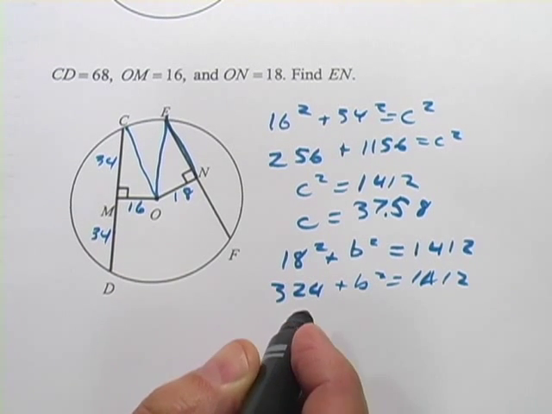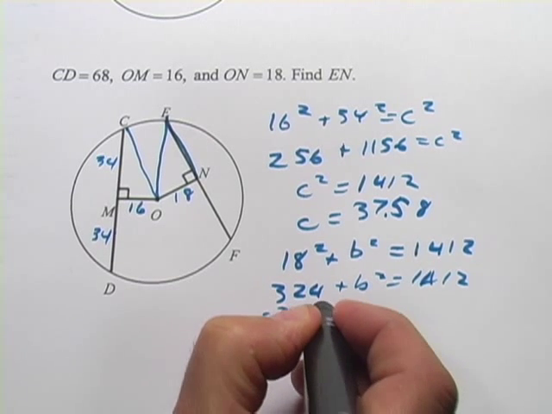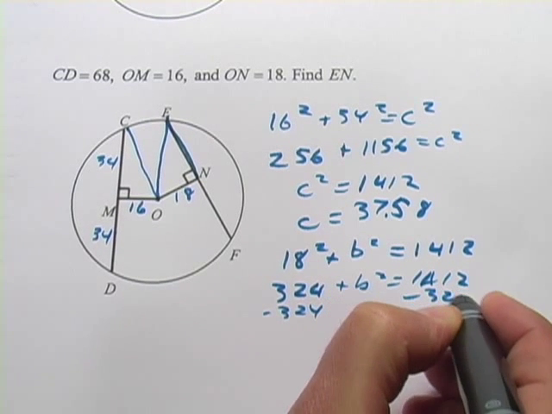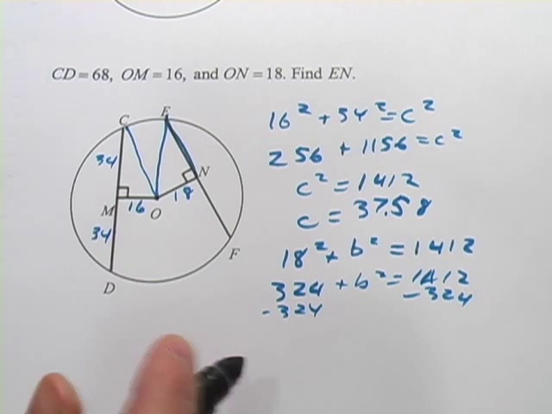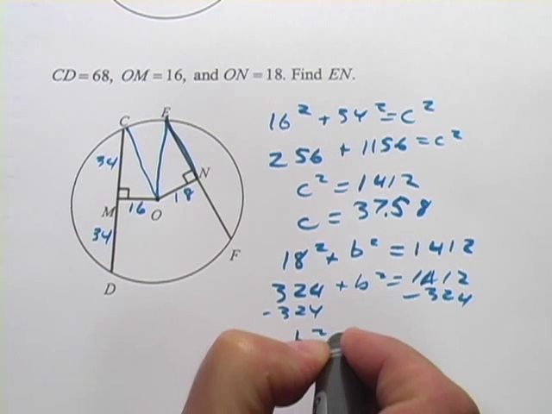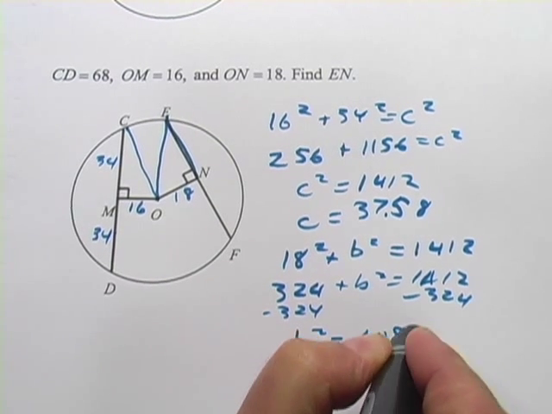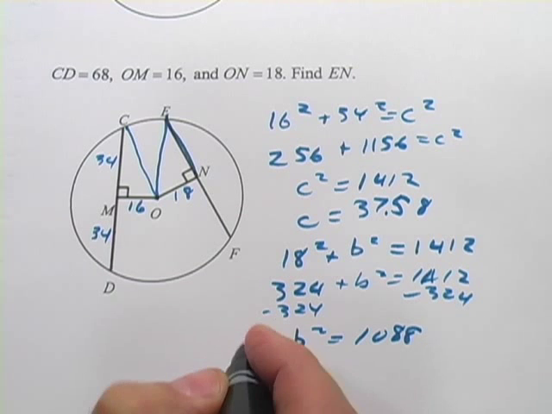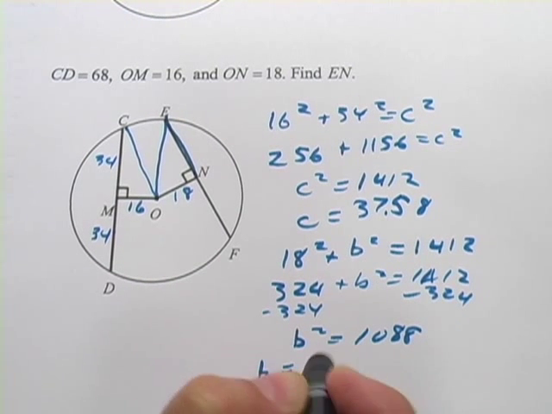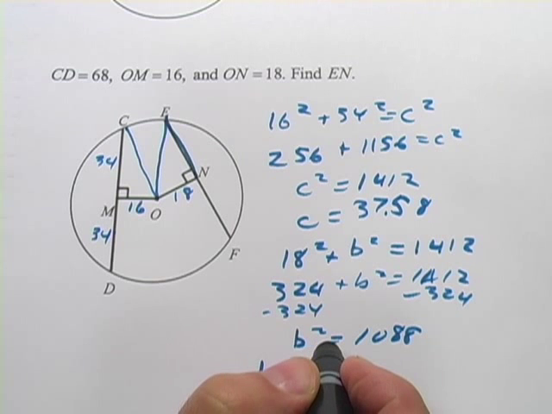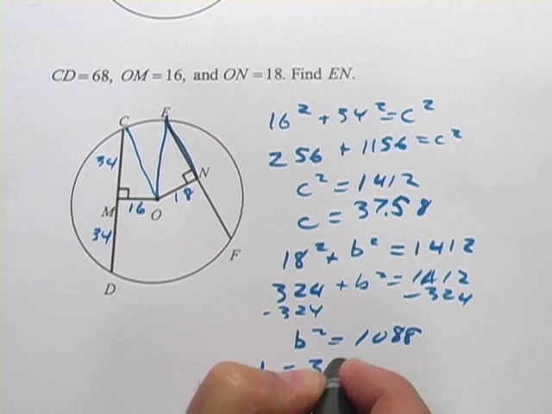We'll subtract 324 from both sides, and I think we get B squared equals 1,088. We'll take the square root of that, and we get B equals 32.98. Yeah, we'll call it that.